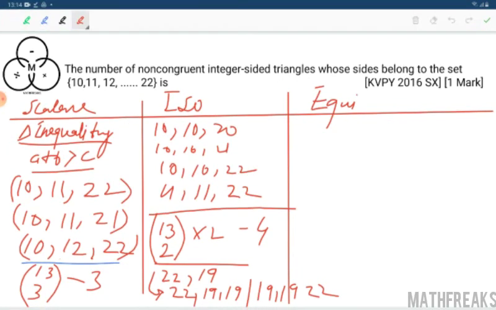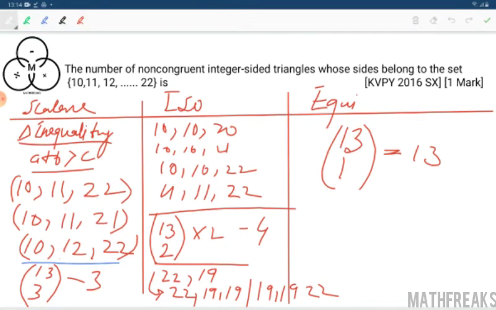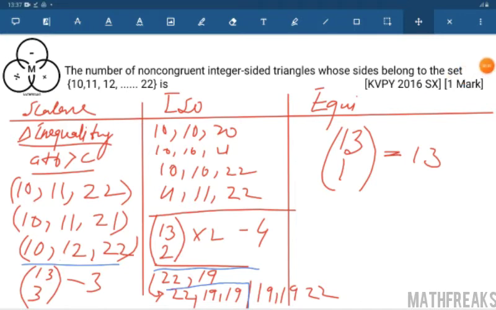Now the last one, equilateral triangle. There is no kind of triangle inequality here. Just simply 13 choose 1, which will give us 13. Now we need to find the values of 13 choose 3, 13 choose 2, 13 choose 1. 13 choose 2 means choosing two elements out of the 13 elements.